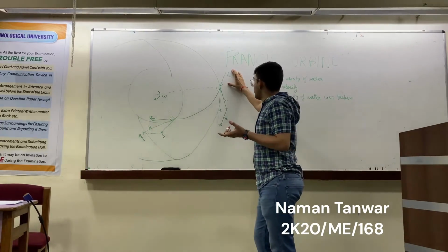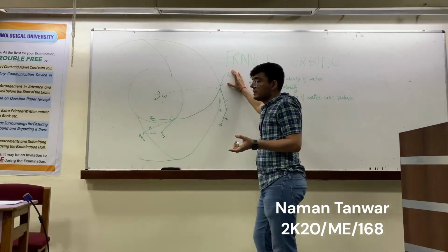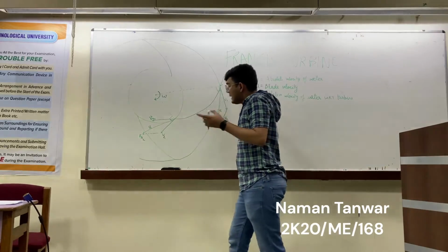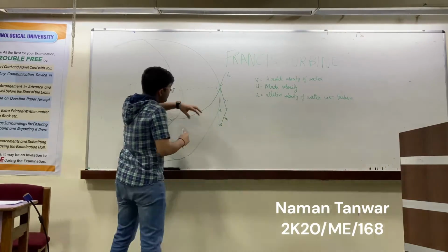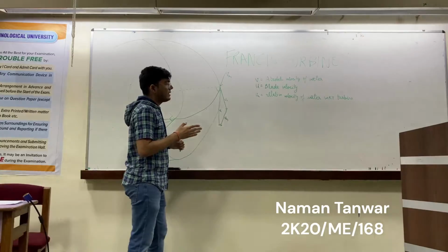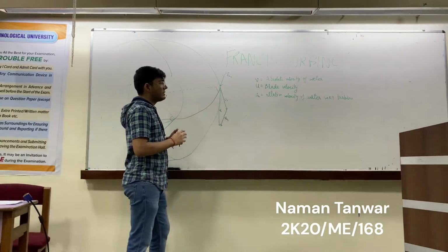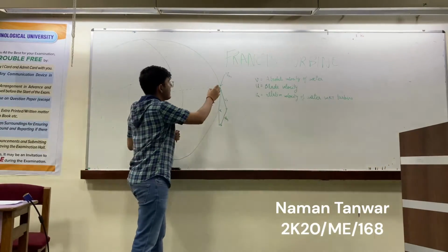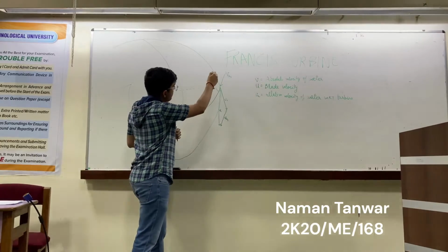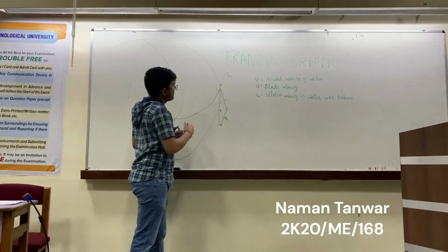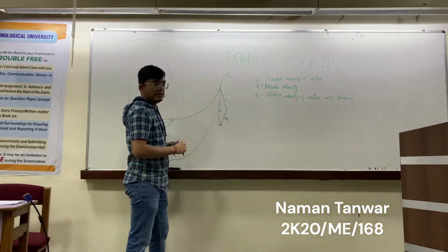Now why v r? This is the relative velocity. The water will never enter at the same angle of the blade because it's always relative. So this is the relative velocity, and the water will always enter this turbine with the relative velocity v r.